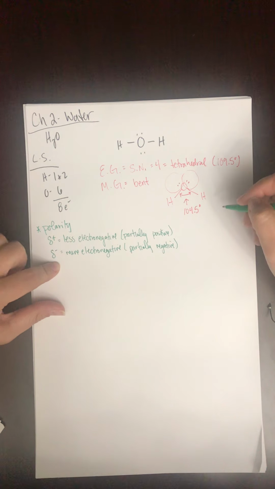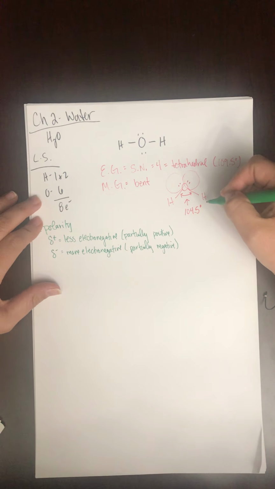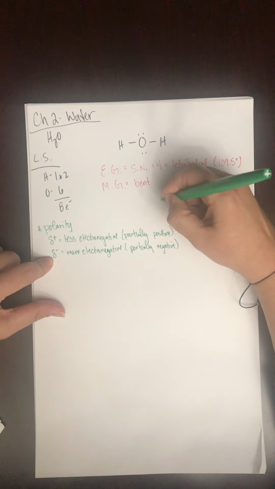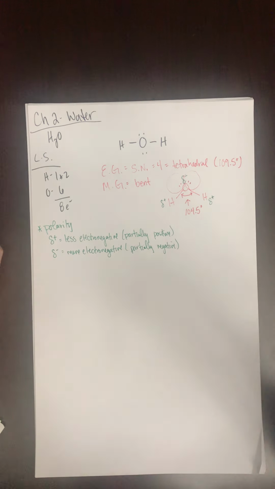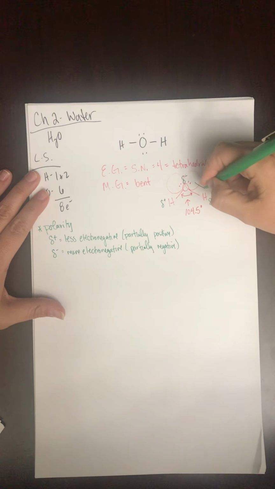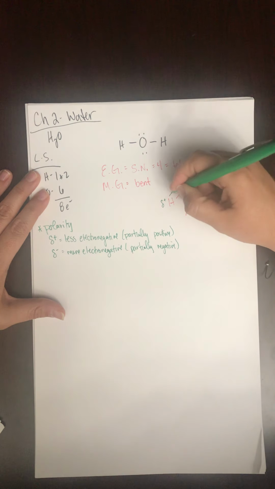So if I was to assign what was happening here, I know that oxygen is more electronegative than hydrogen. So that means that up here it would be partially negative and down here would be partially positive. If you were to draw the vectors on here, remember it points towards the more electronegative and away from the less electronegative.